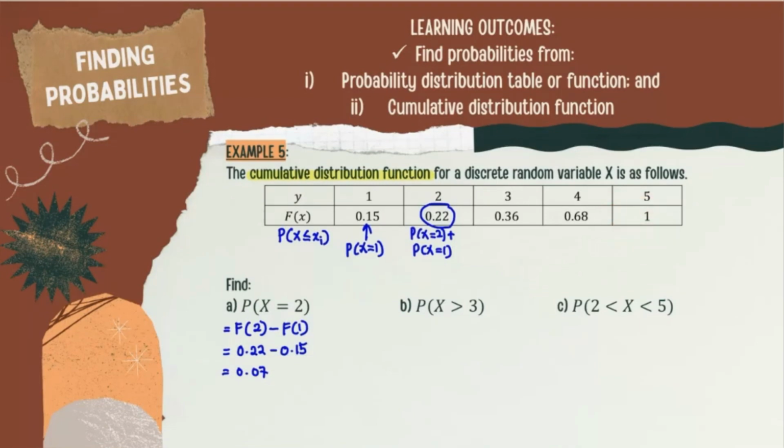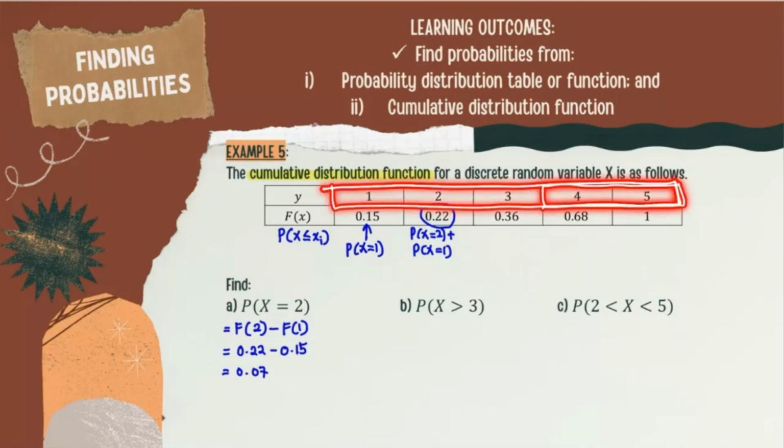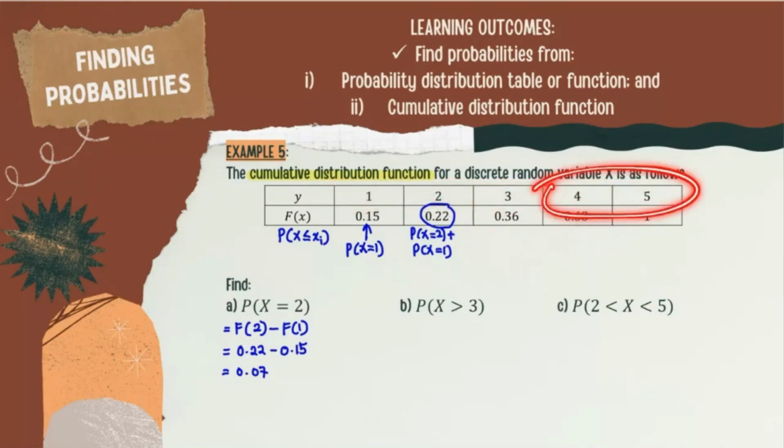Bila X sama dengan 5, hasil tambah probability semua akan jadi 1. So kalau saya nak dapatkan probability dekat 4 dan 5 sahaja, so what I am going to do is, ini kan 1. 1, saya nak dapatkan ini sahaja. So I am going to minus dengan the remaining yang kita tak nak.